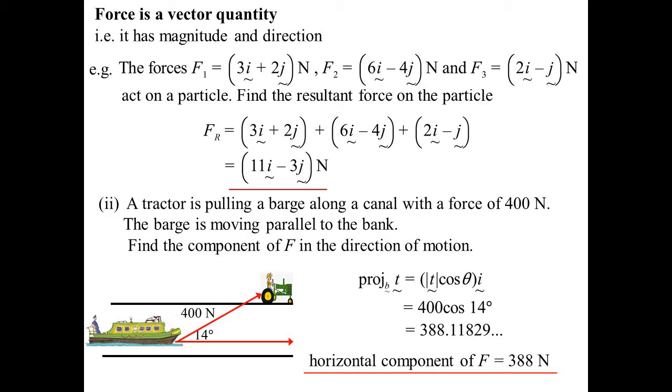If I wanted the vertical component, then I'd say, oh, hang on, that's the opposite side. That means I've got sine, because sine is opposite over hypotenuse. And I'd just simply say, oh, well, that's 400 sine 14. In reality, I would not write down projection of T on B and all that. I just write the 400 cos 14 straight down, or the 400 sine 14 if it was the vertical one.